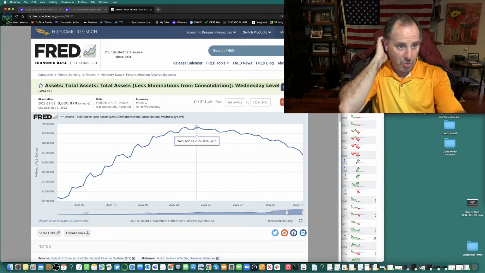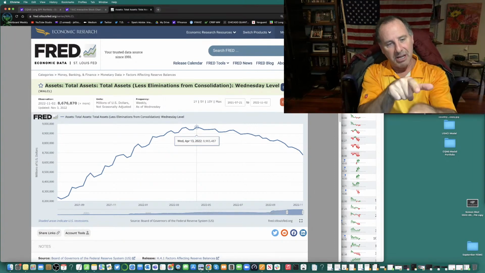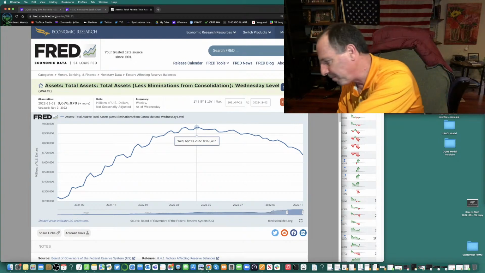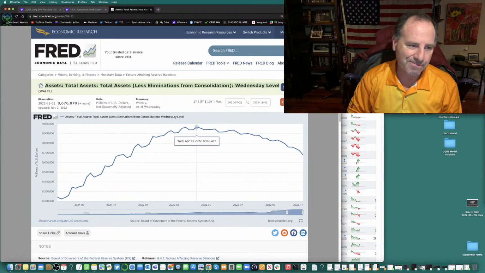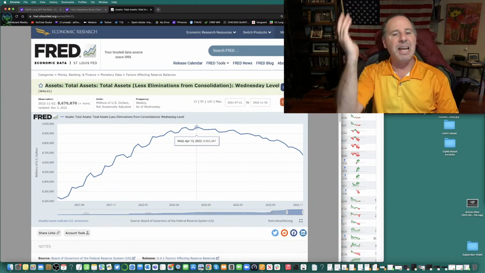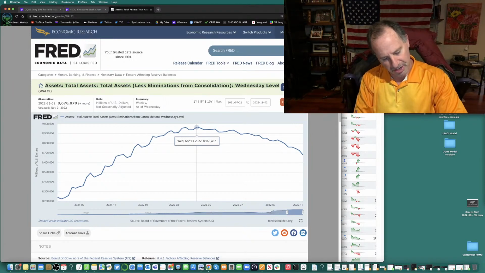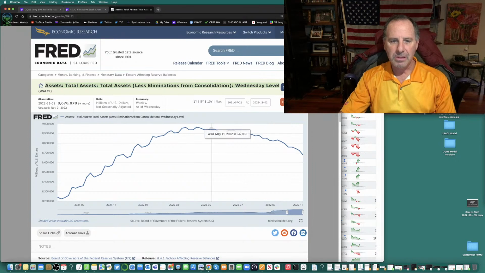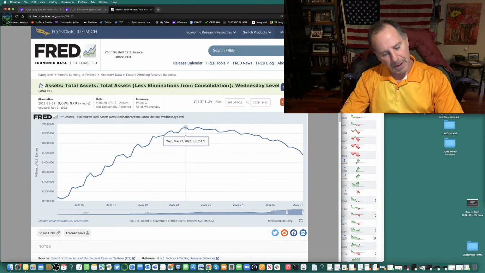And about 27% of the total assets held by the Federal Reserve are mortgage-backed securities. So figure you're at 6.5 on the treasuries out of 31. And that means you're at the peak, about 2.5 trillion of mortgage-backed securities.